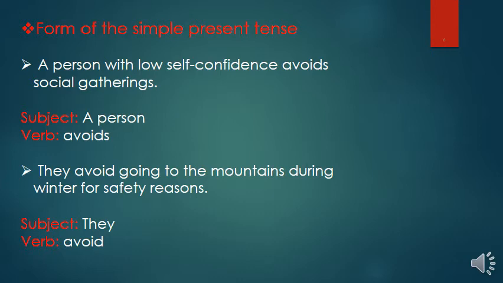As you can see, they is the subject, avoid is the verb. So this is the form of the present simple tense. When we have a singular subject, we add s to the verb. Of course, based on the spelling rules that we have explained before. When we have a plural subject, the verb has no changes. It stays in its root form.